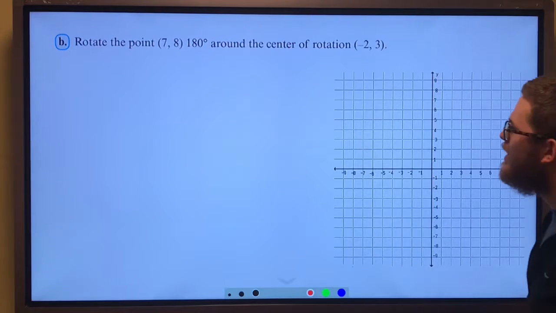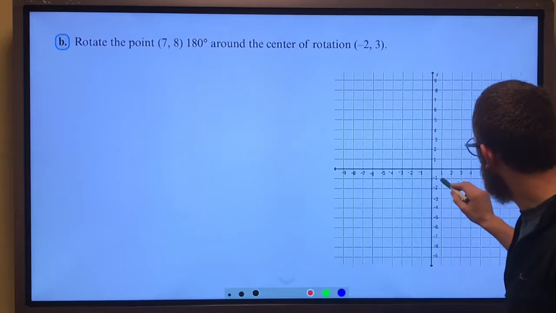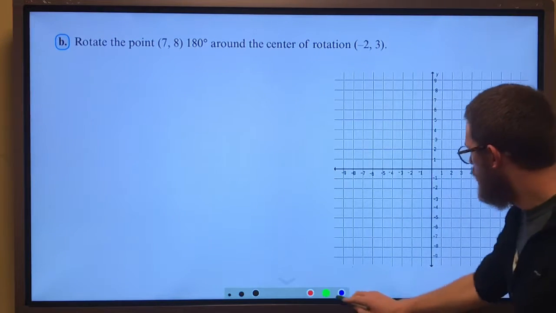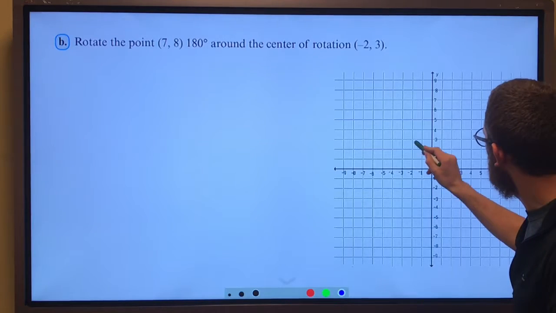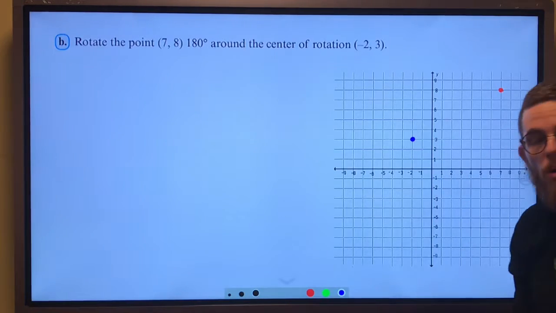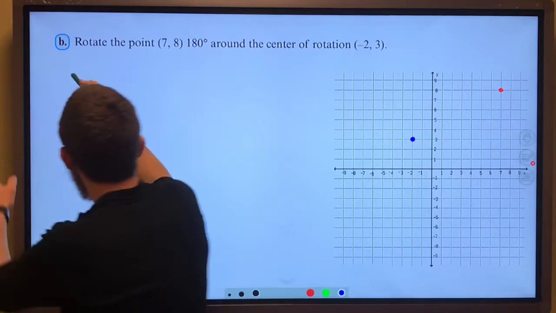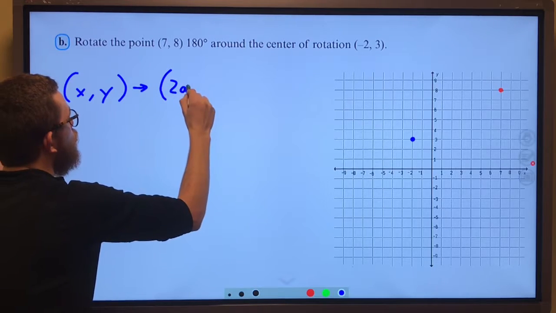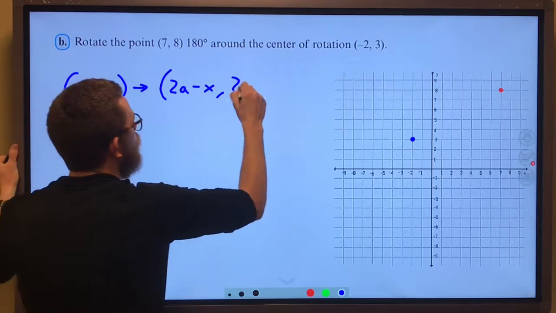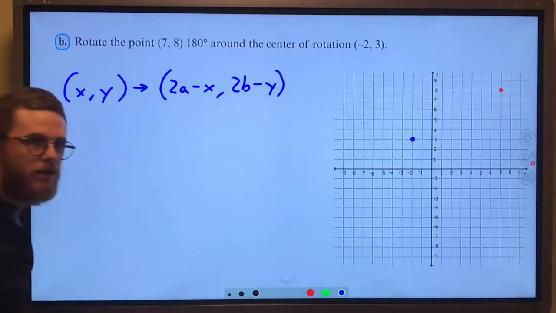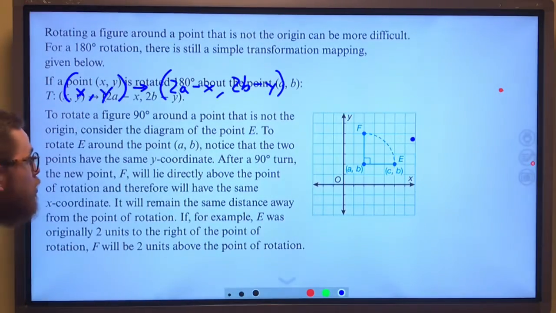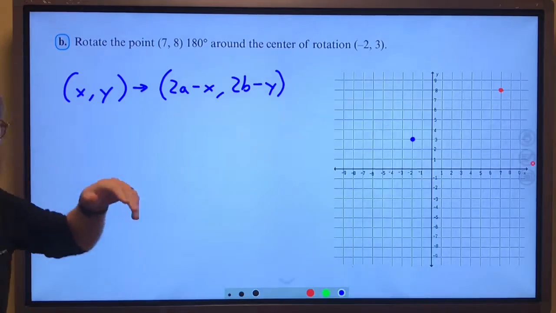I want to rotate the point (7, 8) 180 degrees around the center of rotation (-2, 3). Right there. Well, we can use that (x, y) becomes (2a - x, 2b - y). This is what we just talked about back here. We can use this rule.